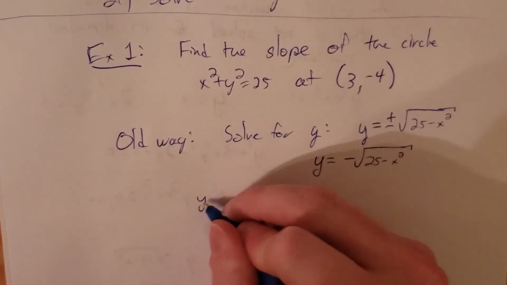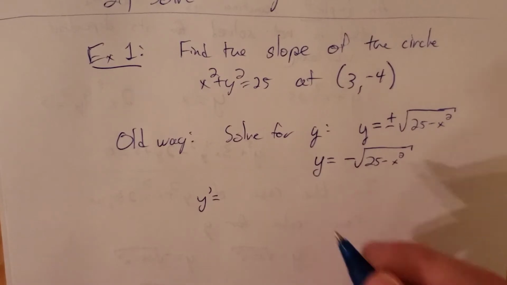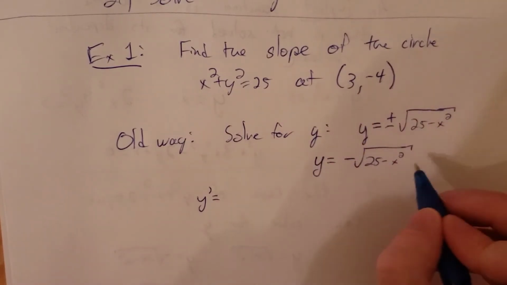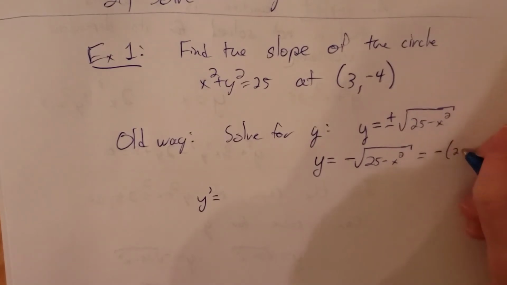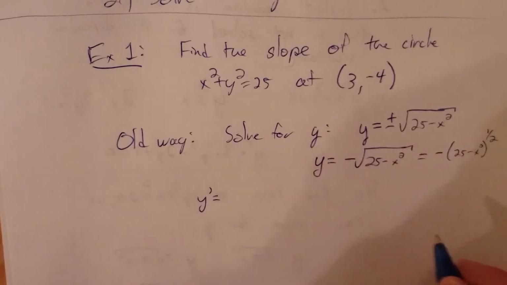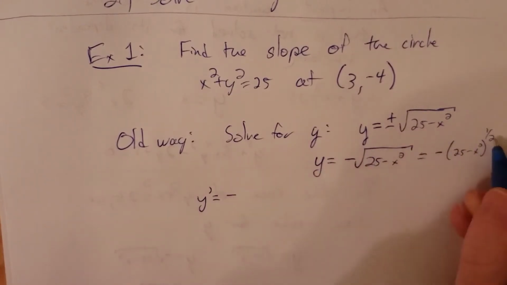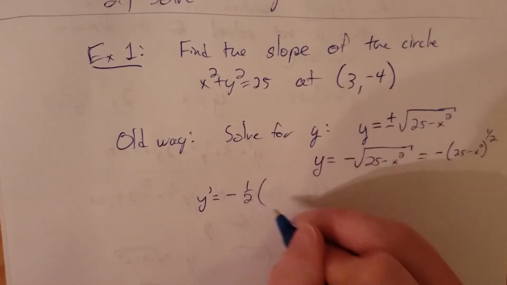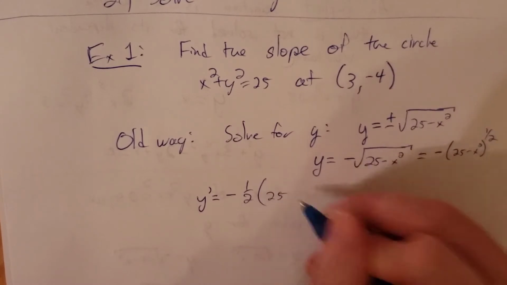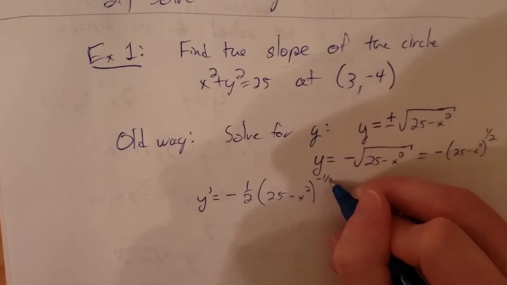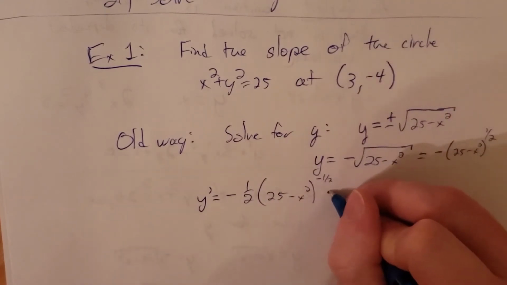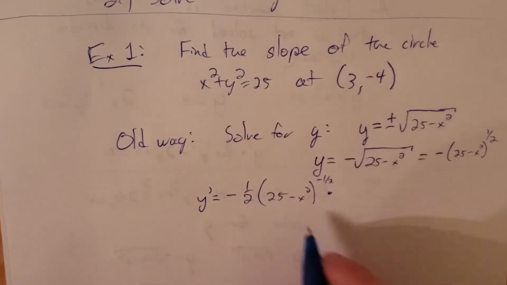So what is the derivative y prime? Well, notice first off, this is negative of 25 minus x squared to the positive 1/2 power. So this is negative, bring the 1/2 down, 25 minus x squared to the negative 1/2, all times the derivative of the inside using our chain rule.